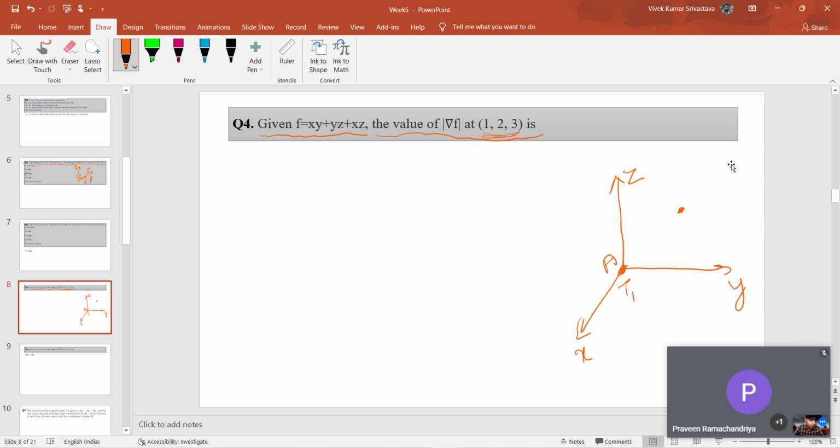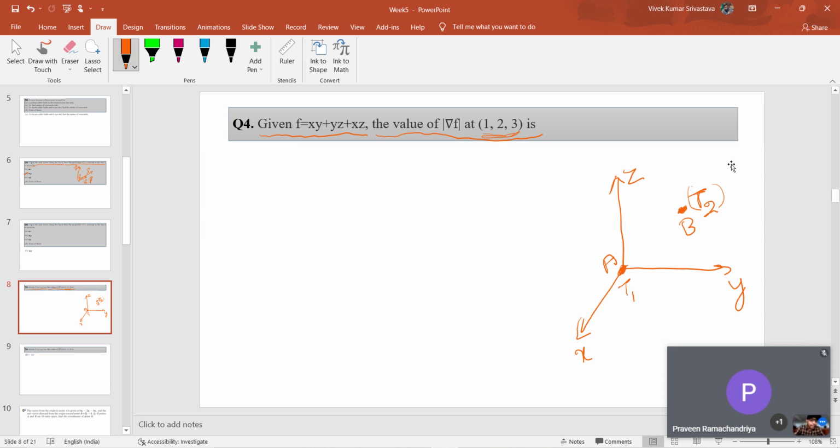Let us say that T2 represents the lowest temperature. So you want to find out in which direction I should move so as to obtain this point B such that the temperature will be minimized.